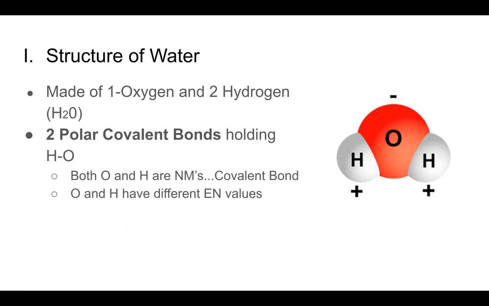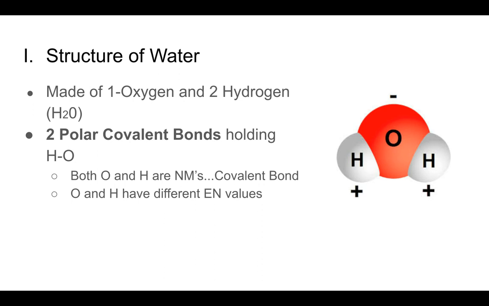So we know that one, in this case oxygen, will hog the electron around itself more frequently, making the oxygen end of the molecule slightly negative and the hydrogen ends of the molecule slightly positive. So that's a polar covalent bond creating a polar molecule.